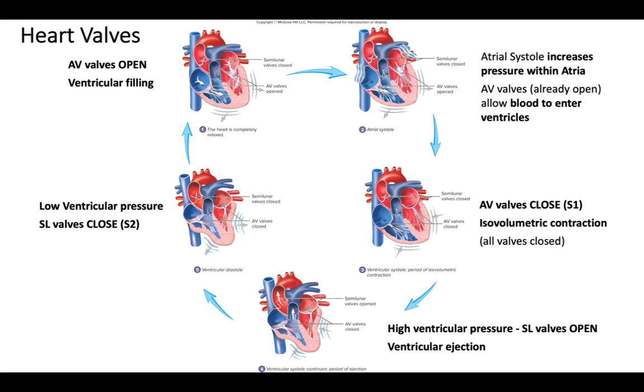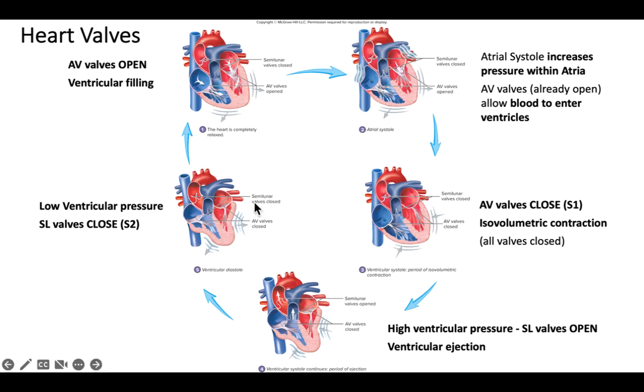So that's this high pressure due to that ventricular contraction, and that high pressure opens the semilunar valves. So notice we have the pulmonary semilunar valve opening and the aortic. And that's going to allow us to eject the blood from the ventricles. All right, we get ventricular ejection.